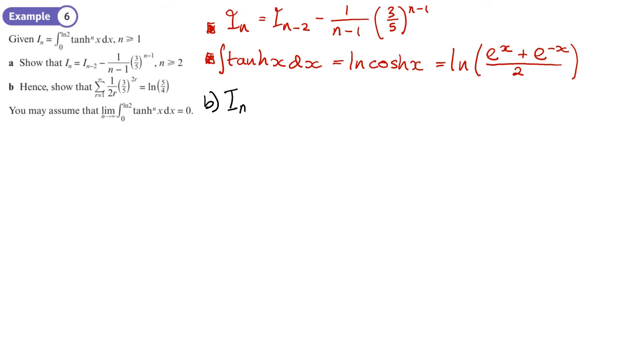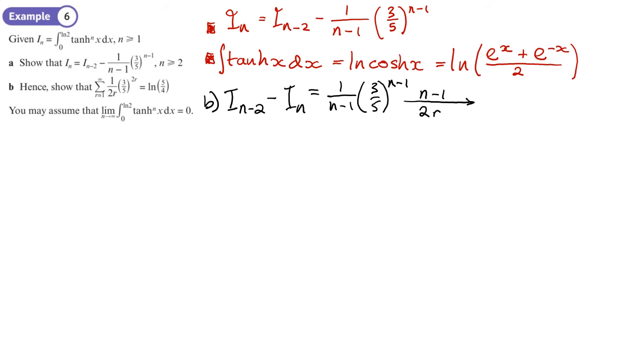So if I take what I proved in part A and rearrange it, I'll get this: I sub n minus 2 minus I sub n is equal to 1 over n minus 1 times 3/5 to the power n minus 1. Now what I'm going to do is replace n minus 1 with 2r.